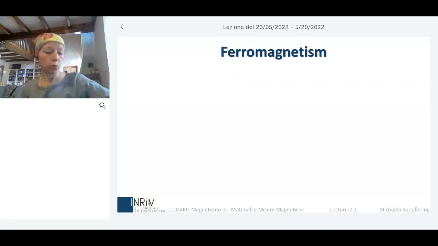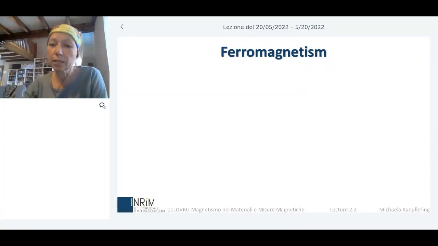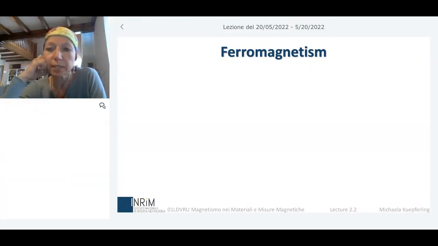Before moving on to ferromagnetism, I would like to show you the experiment of Faraday. So the Faraday balance, let's say the fact that also a paramagnetic material is attracted by a field gradient.